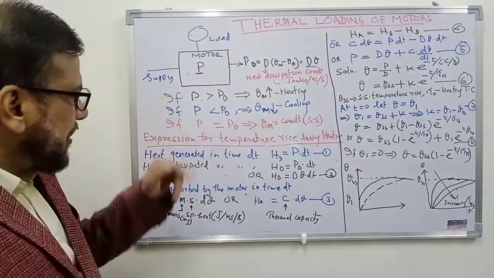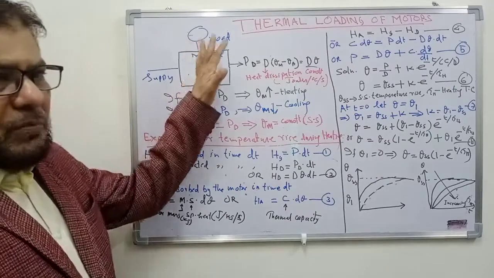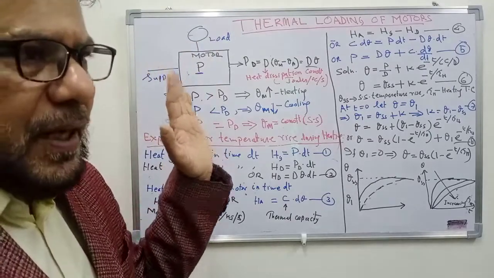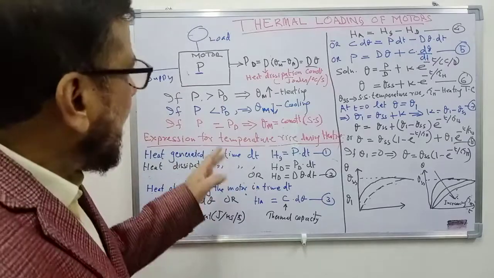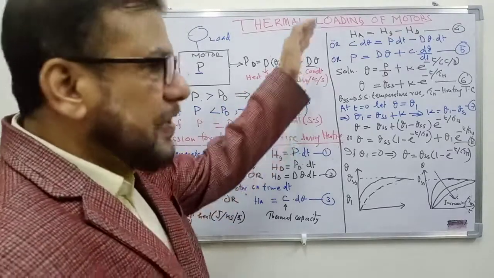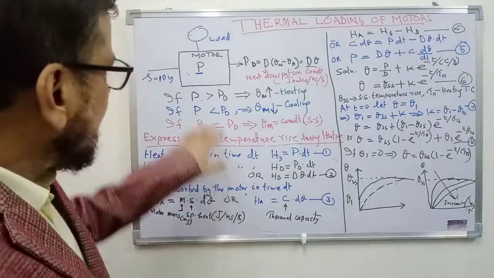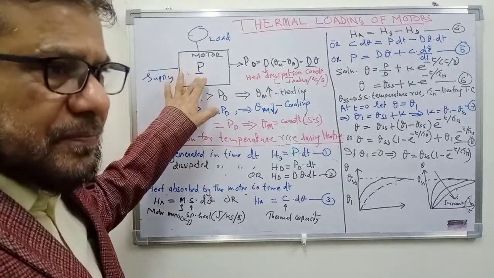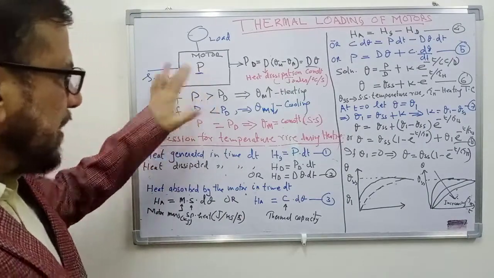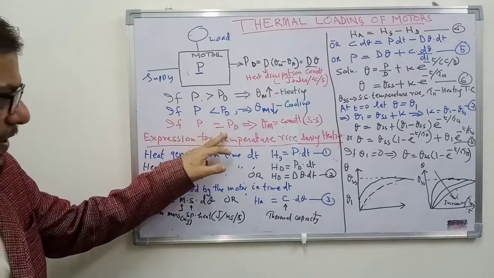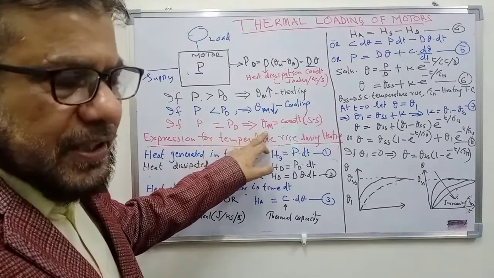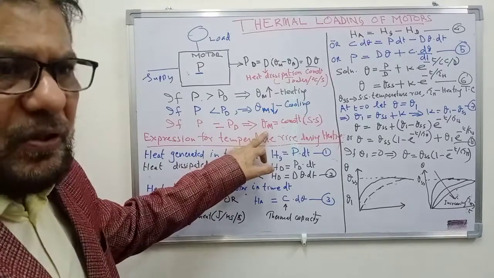And what happens in steady state, when you have loaded the motor and gradually the heat is developed and the heat dissipated increases, this heat generated is constant. One stage will come when heat produced is equal to heat dissipated, and thereafter the temperature of the motor will become constant.